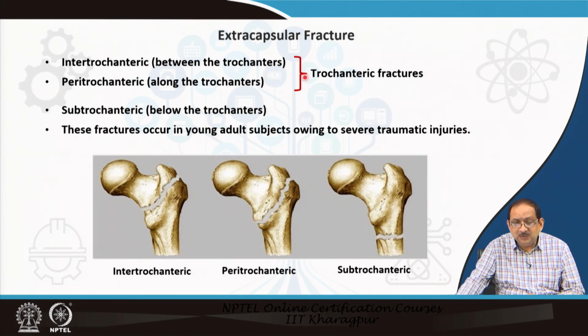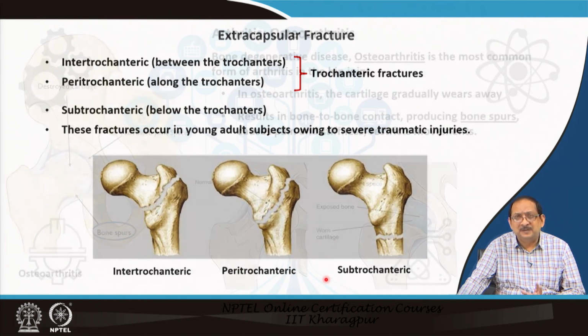Now, these two can be classified under trochanteric fracture. The other type is subtrochanteric fractures, which occur below the trochanters. These fractures generally occur in young adult subjects owing to severe traumatic injuries.